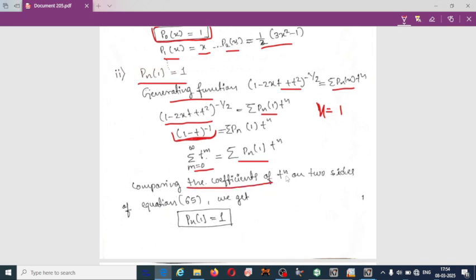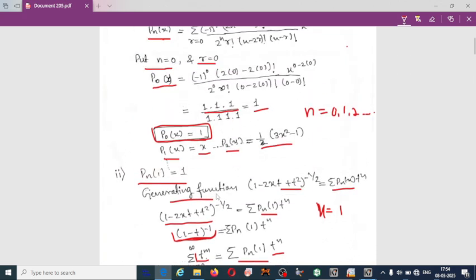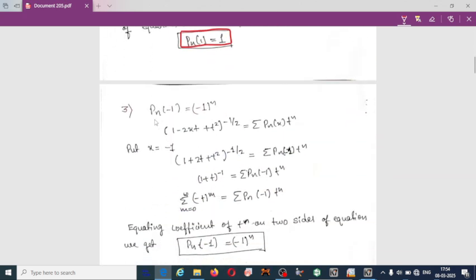Comparing the coefficient of t to the power n, m, on two sides of the equation, the t to the power m coefficient is 1, and the t to the power n coefficient is Pn of 1. So Pn of 1 is equal to 1. By using the generating function we can prove this special case.